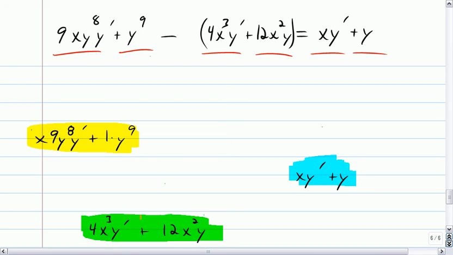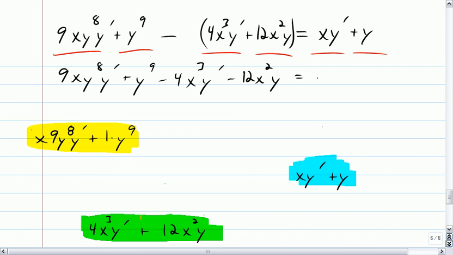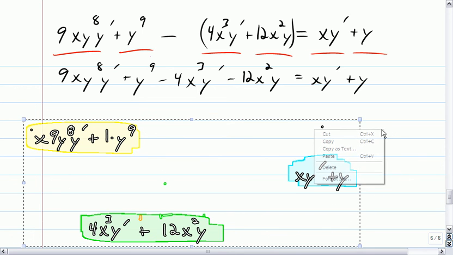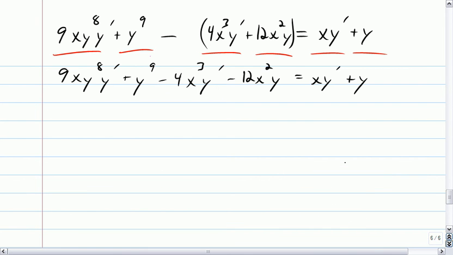So this would be 9x y to the 8th y prime plus y to the 9th minus 4x cubed y prime minus 12x squared y. How many terms did we say? 6? Okay. How many terms have y prime in them? 3? Okay.